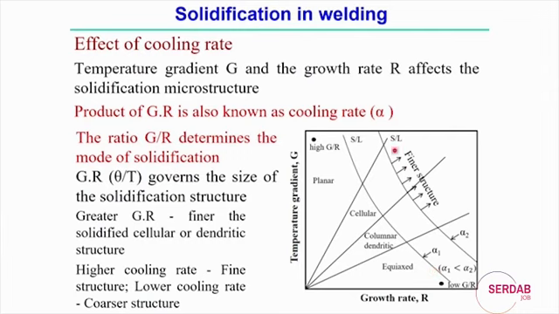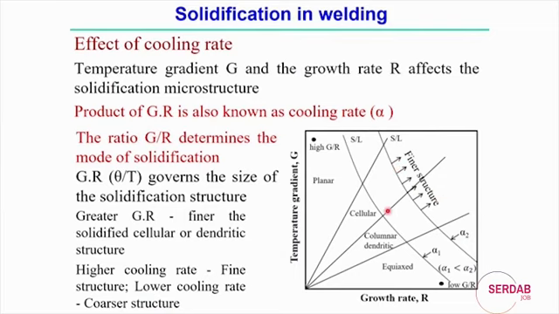But if you see the graph, we can also incorporate the effect of the cooling rate. Here this line represents the cooling rate, G into R. The first line, alpha 1, represents the low cooling rate, and the second line, alpha 2, represents the high cooling rate.